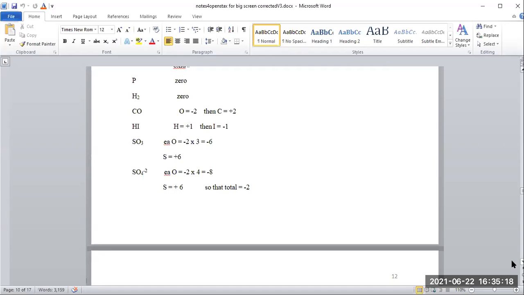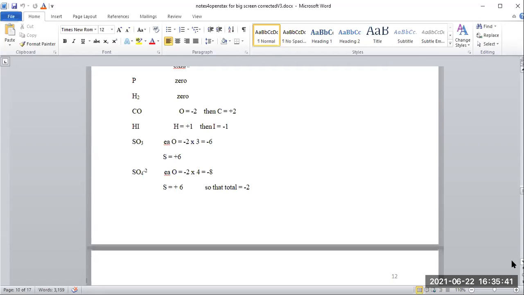Now we hit a polyatomic. Sulfate, SO4 -2. I want to have 2 negatives left over that do not get canceled out. So back to the oxygen idea. -2, I've got 4 of them.